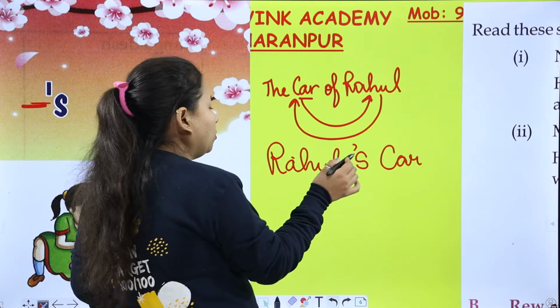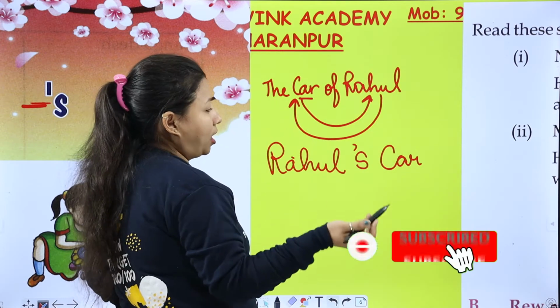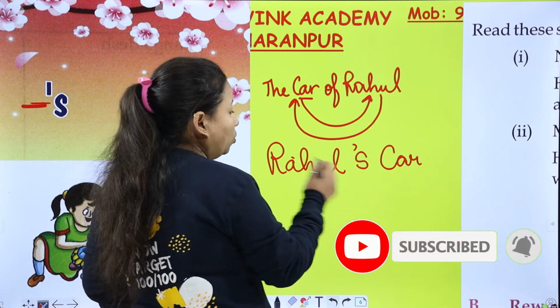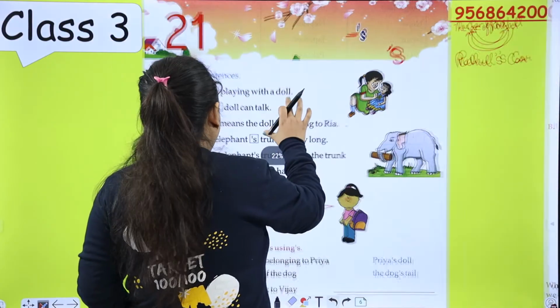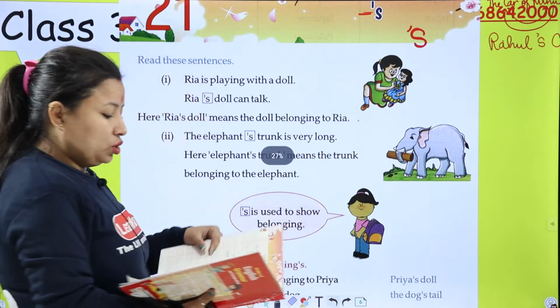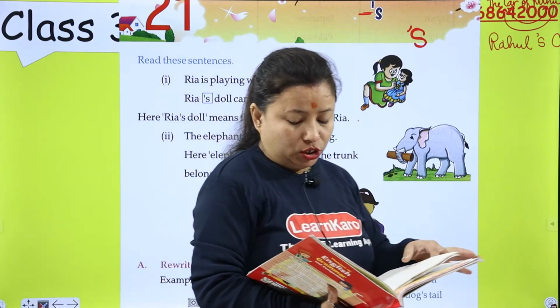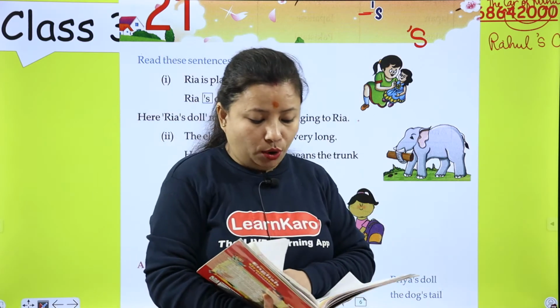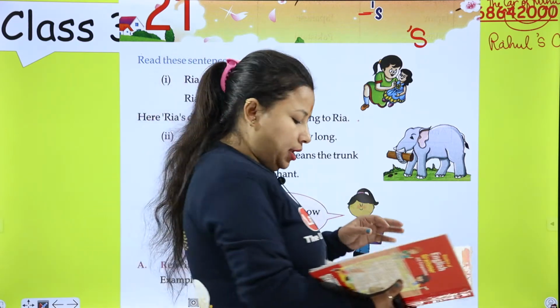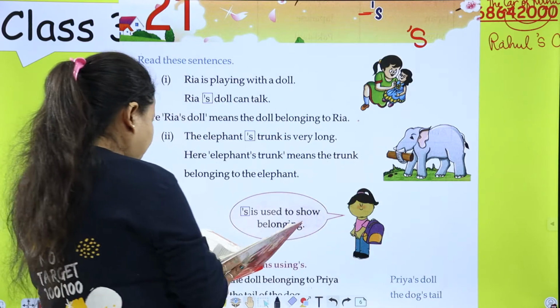Rahul की कार है, Rahul's car. So apostrophe S is used to show relationship or belongings.